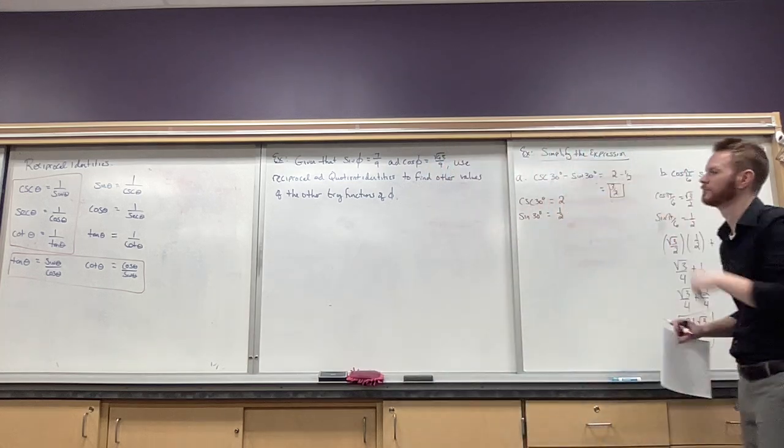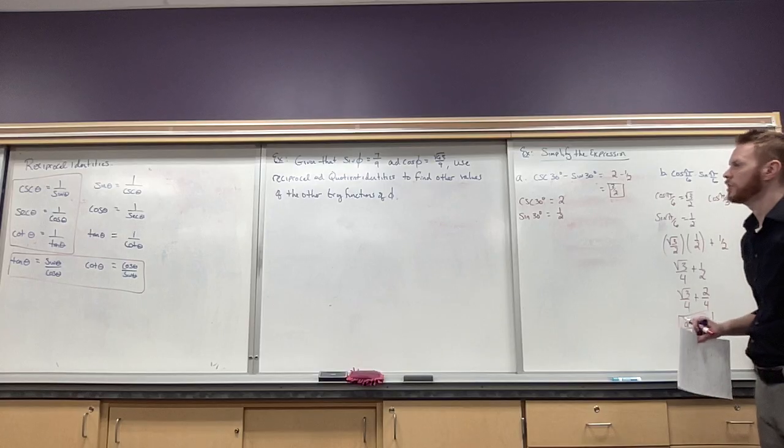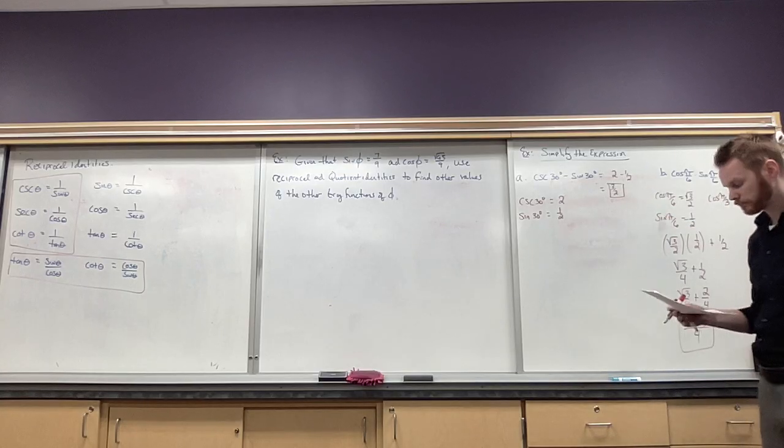Okay, there we go. So sine of phi is 7 over 9, cosine of phi is square root of 65 over 9. Use the reciprocal identities to find the other ones.